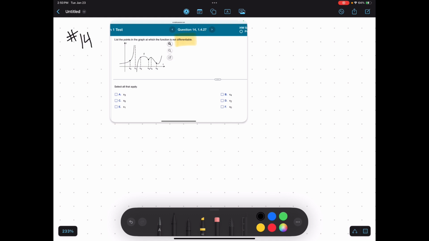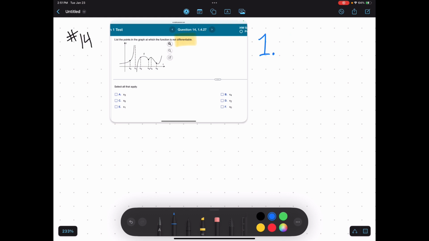So there's a couple criteria that we're looking at in order for a function to be differentiable. Well, in order to be able to take the derivative, first off, taking the derivative, using the difference quotient, requires me to be able to find the function value at the point. So if my function value doesn't exist or is undefined, I can't actually find the derivative.